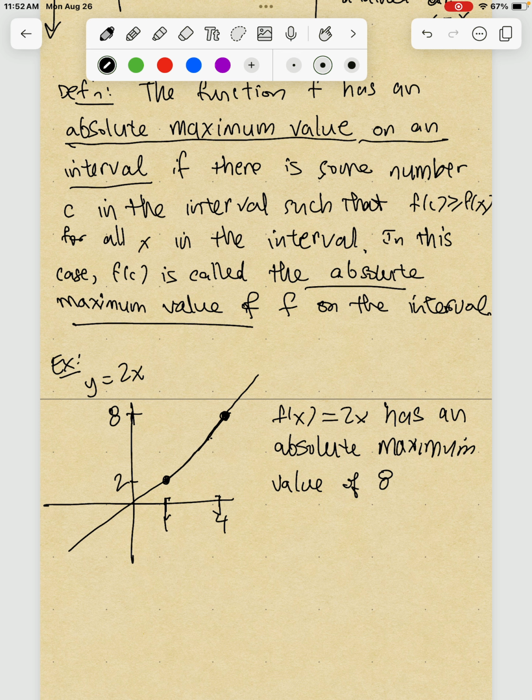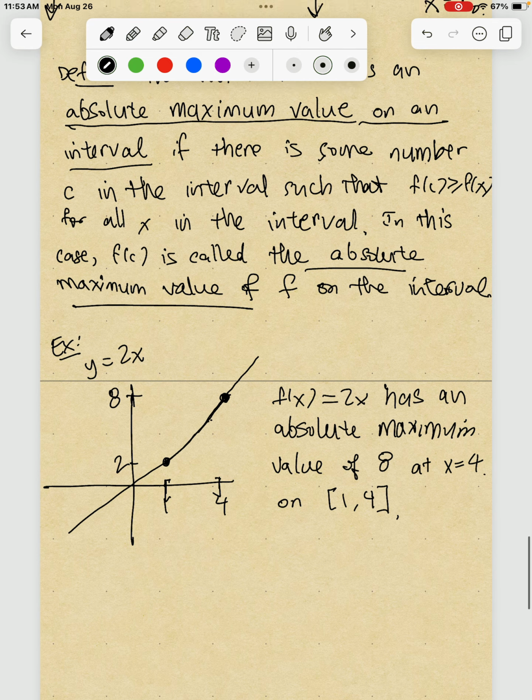Okay, it's a value of y, not a value of x. So it has an absolute maximum value of 8 at x equals 4. That's what we would say, on the closed interval from 1 to 4. Okay, so this is a correct statement.